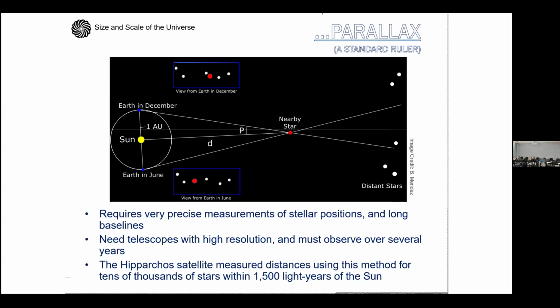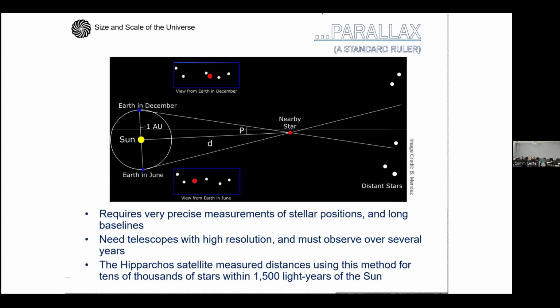So again, this is parallax. And it's limited to relatively close objects. We do have a limiting baseline for direct measurements, for direct viewing for terrestrial telescopes, of 186 million miles.